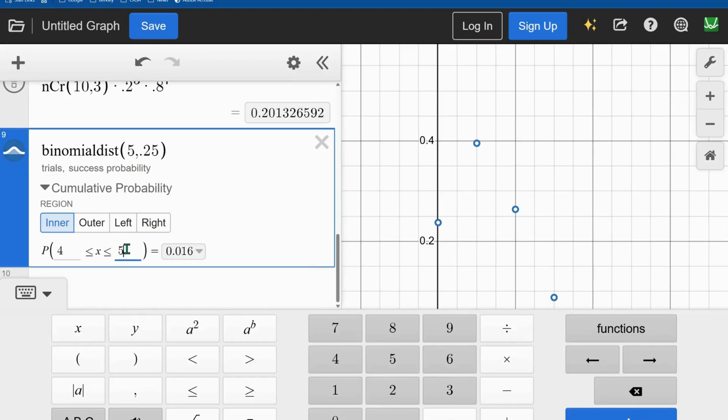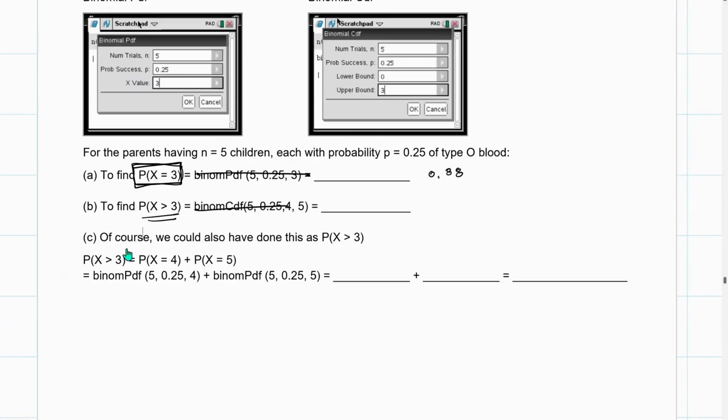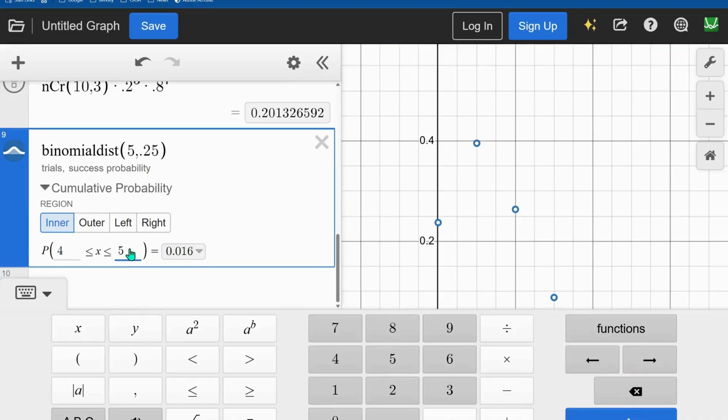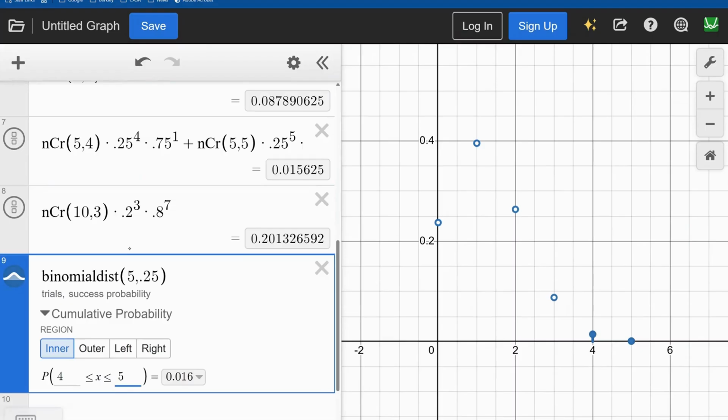And there's about a 1.6% chance of having 4 or 5 type O blood kids. And you'll notice that's the same probability that we calculated by hand.